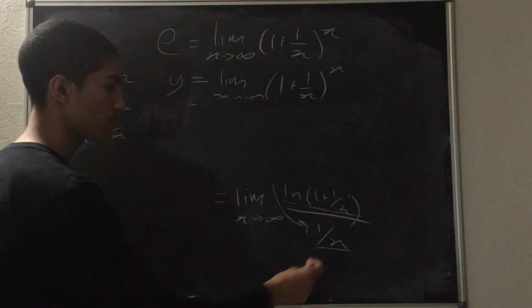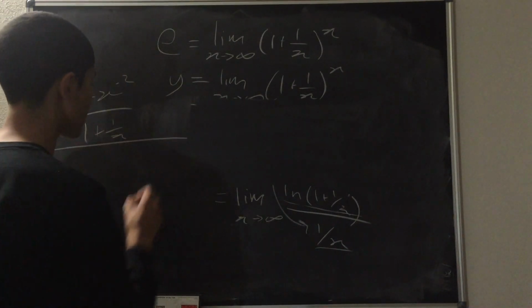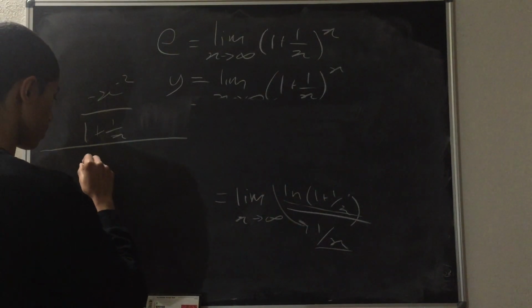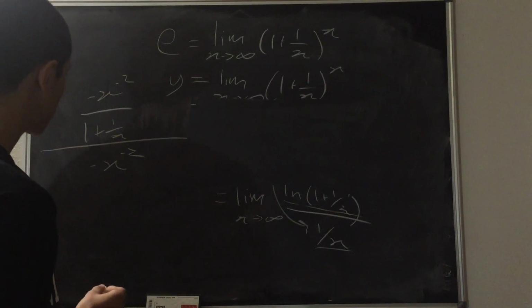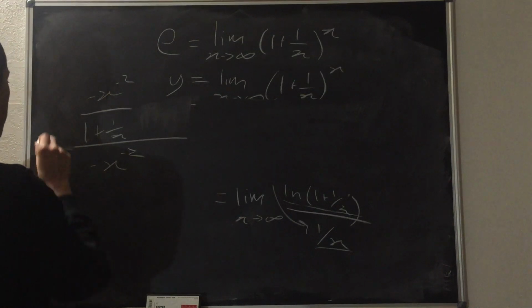Now we have to take the derivative of 1 divided by x. So I'm going to divide this entire thing by the derivative of x to the power of negative 1, which is negative x to the power of negative 2. And this same limit still applies.